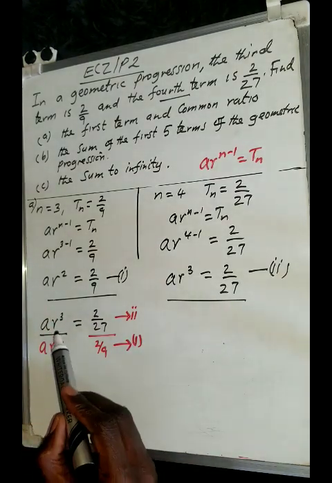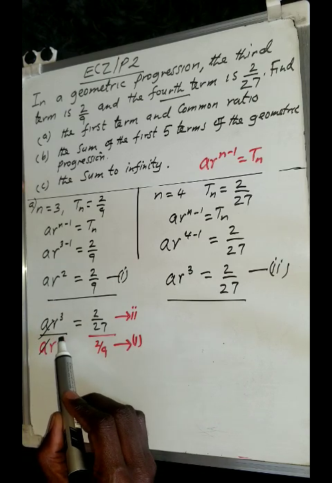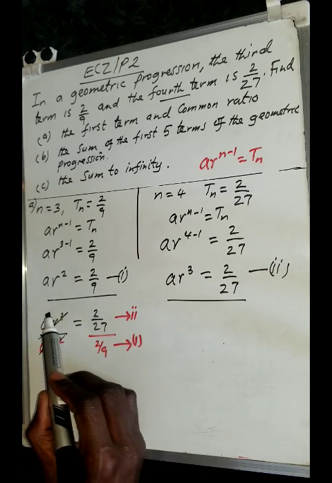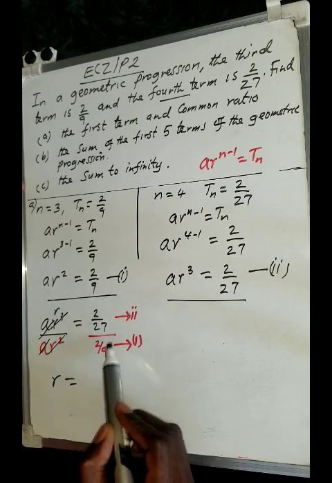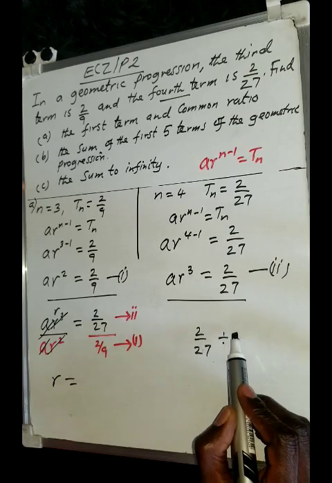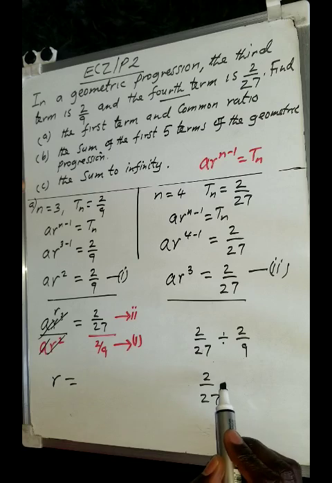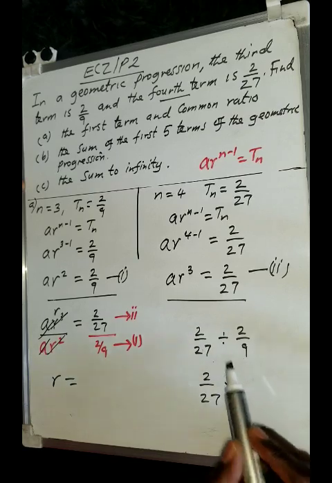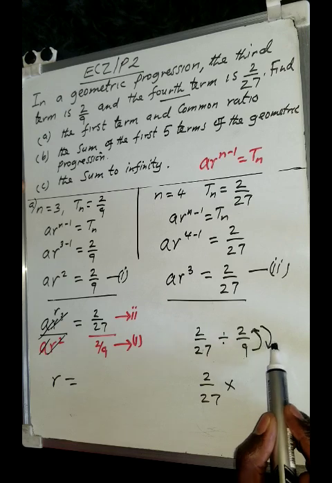Then you will work out, you can reduce this and that will cancel. Here there are 2r. If you cancel the 2r and you cancel the 2r, you just remain with a single r. Now if you look at this one, it is the same as 2/27 divided by 2/9. So don't get confused. Remember, when you change the division to a multiplication sign, the denominator goes up, the numerator comes down.